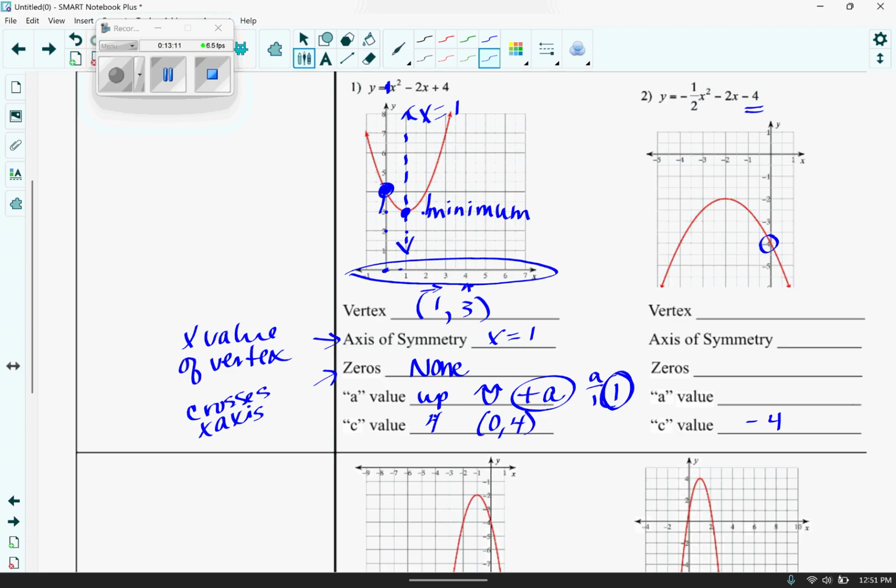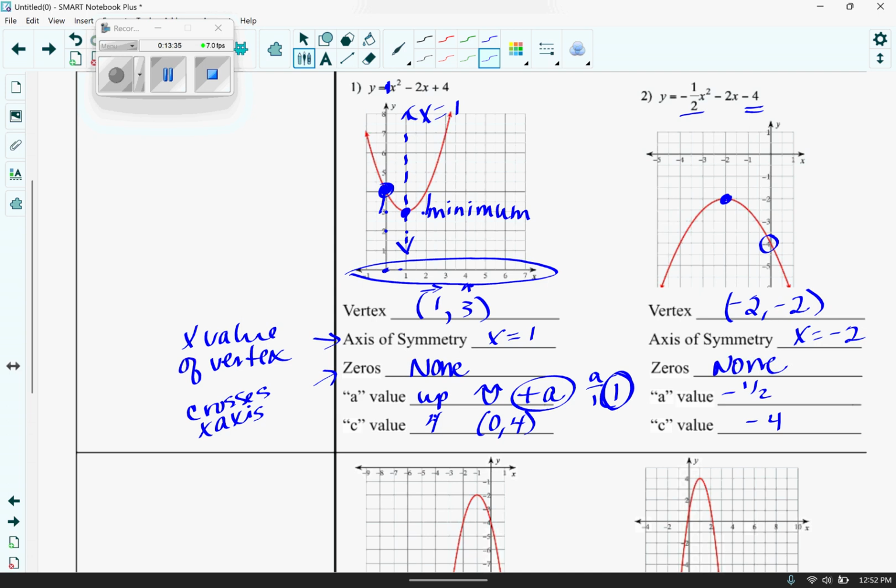I can tell you my A value is -1/2 because I can see it. If this is my vertex right here, that's -2, -2, which means x equals -2, the x value of my vertex. The zeros, there are none.